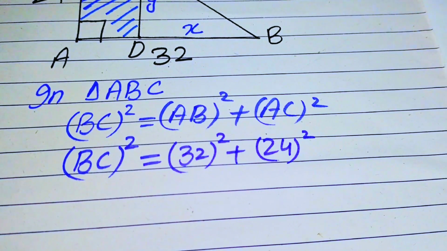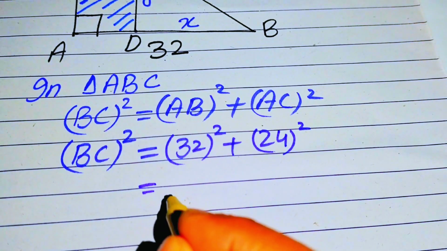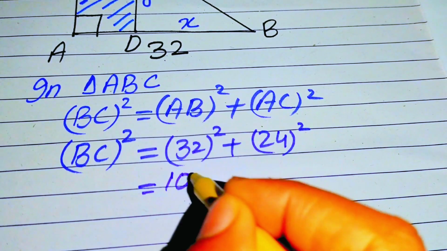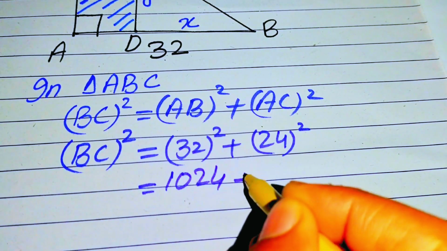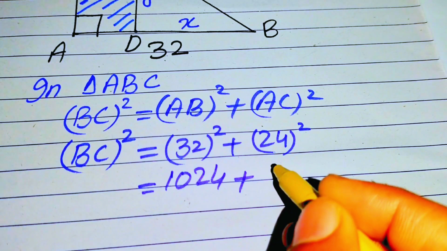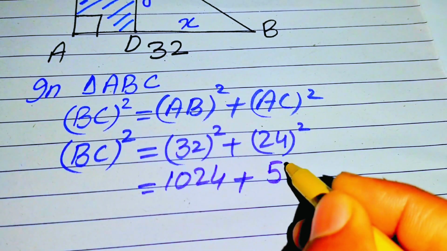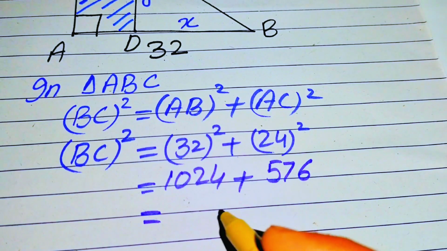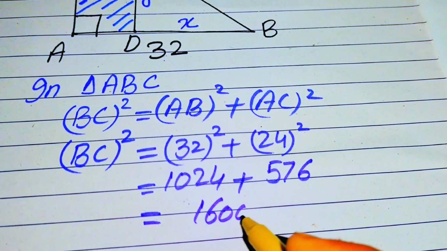Now we simplify the terms, and the square of 32 will be equal to 1024 plus the square of 24 equals 576. Now we add these two values and you get 1600.